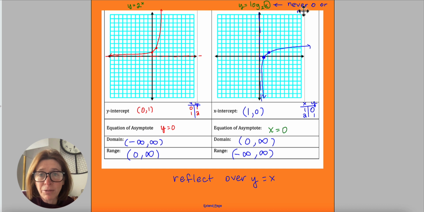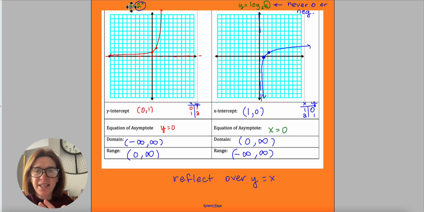And the graph clearly shows that, okay? And I think that's really important to see. And it's similar to the exponential in that the y values, this output, the whole output is never going to be 0 or negative. So connecting the dots through the graphs, I think, is going to help us as we start to investigate logs and how to use them.